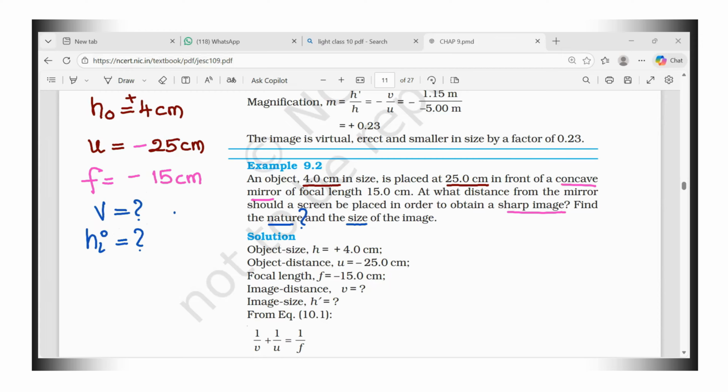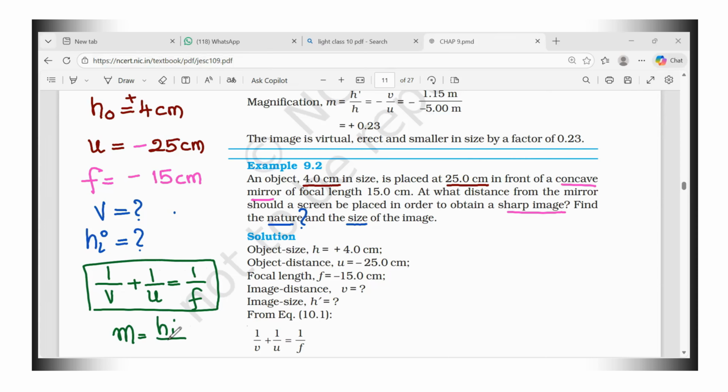So what is the formula? That should be written first. In any mirror formula sum, please write the mirror formula first. And what is the magnification formula? HI by HO equal to minus V by U. So write the original formulas first because formulas carry marks.